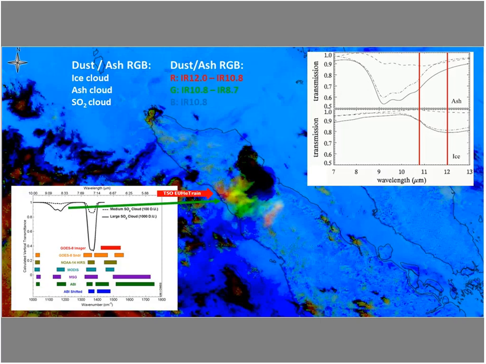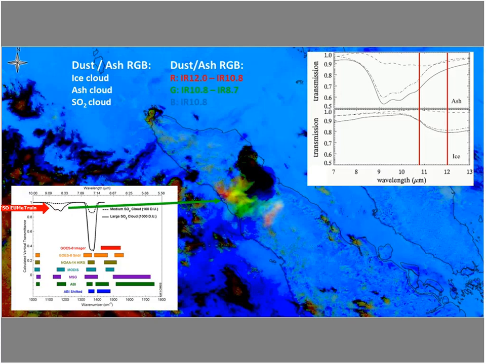The green color in this RGB represents the SO2 cloud, as you can see here. Why? Again, it is not the same as in the dust RGB, where we had the green color for the desert surfaces. Here, the 8.7 micrometer channel's emissivity, actually the transmittance, lowers quite hard when the radiation is going through an SO2 cloud.